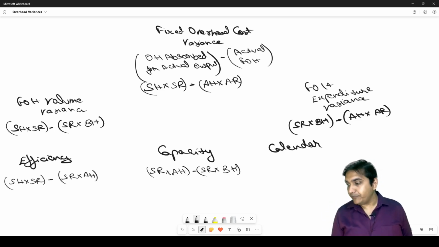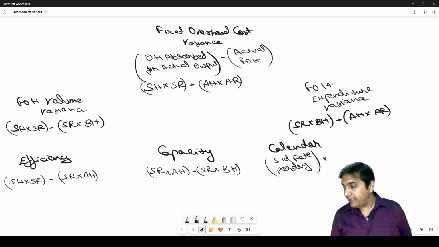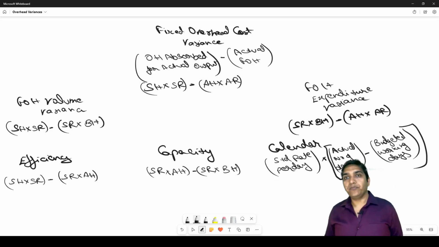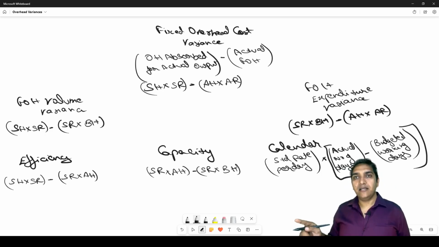So the formula would be standard rate per day into actual number of days minus budgeted working days.